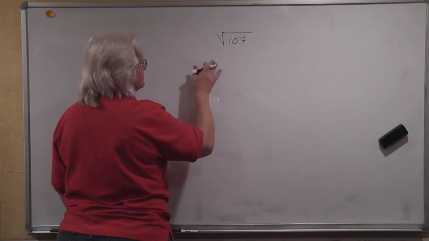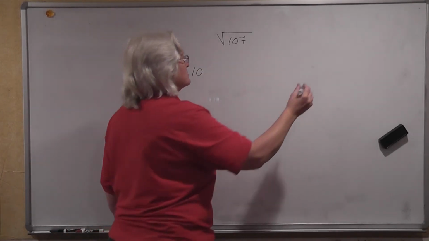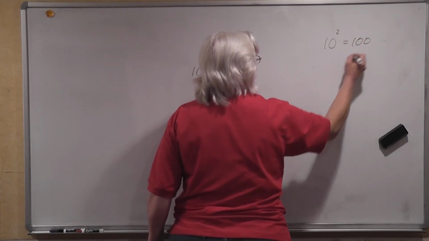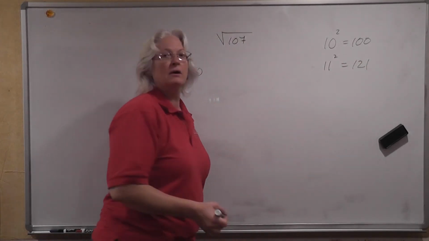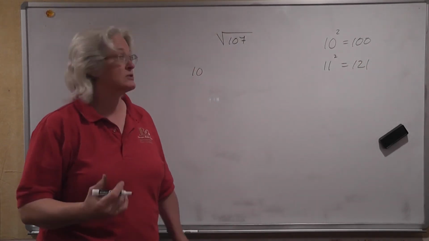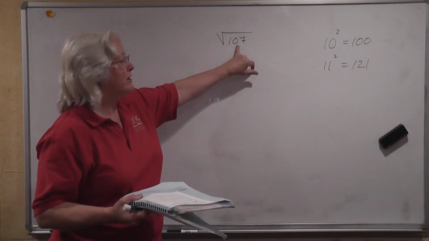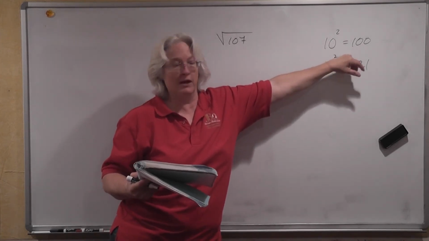So 10 squared is 100. So you have to figure out what 11 squared is. 11 squared is 121. 107 is going to fit exactly in the middle of this.